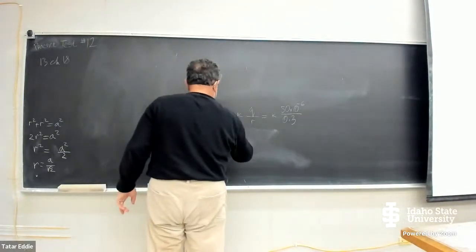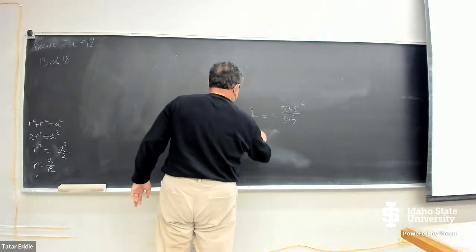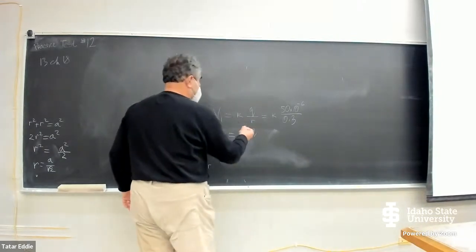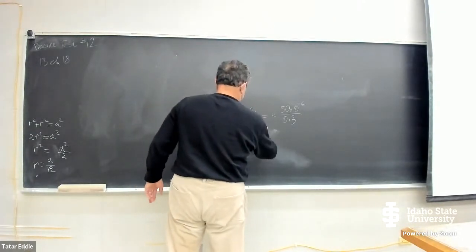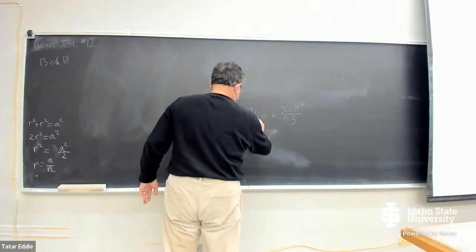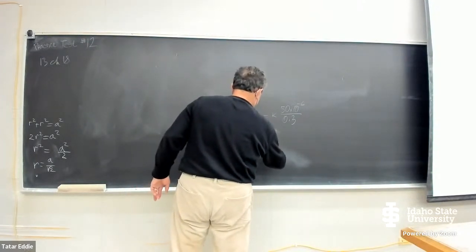The voltage created by the green one is K times Q, but this is a negative. If this is Q1, this is Q2. Now, change the distance R1 to the first and the distance R2 for the second.